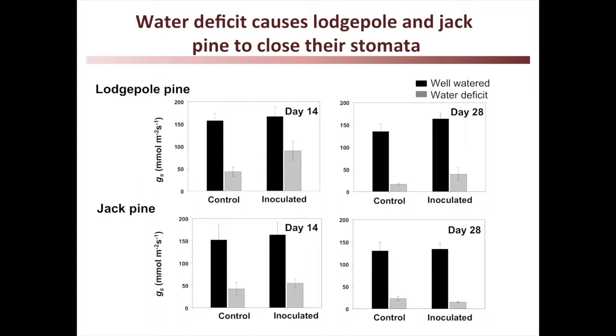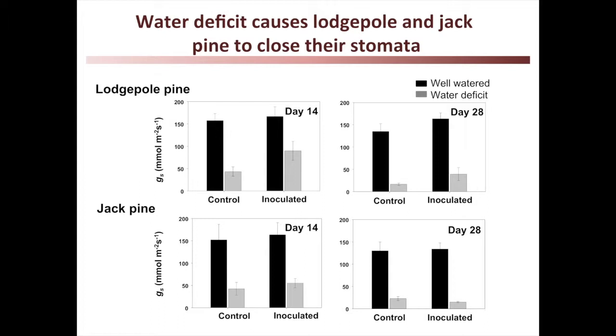So we see, even under the relatively mild degree of water deficit that was applied in this particular study, both lodgepole pine and jack pine closed their stomata in response to water deficit. In the very short time frames of our experiment, and we have actually continued this out to 70 days in particular experiments, we didn't see an effect of the fungal growth on stomatal conductance or the ability of the stomata to open and close.